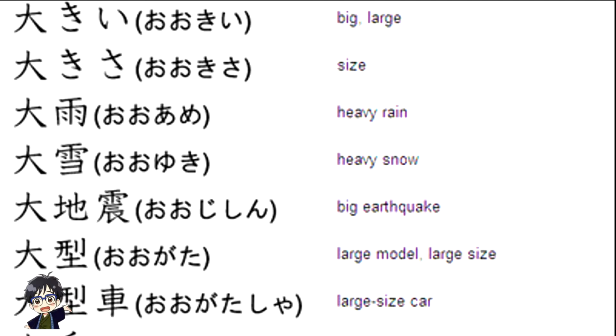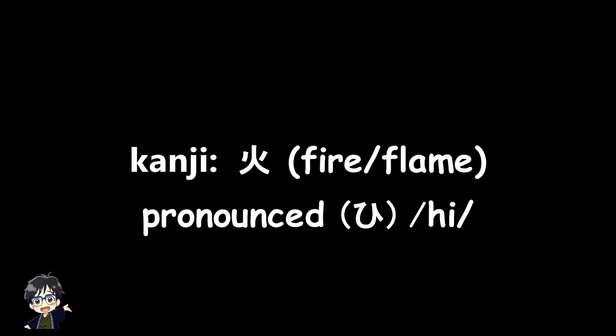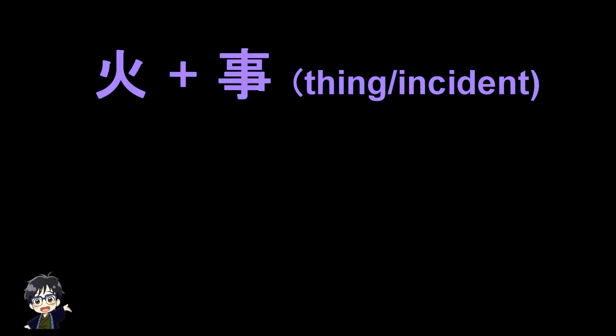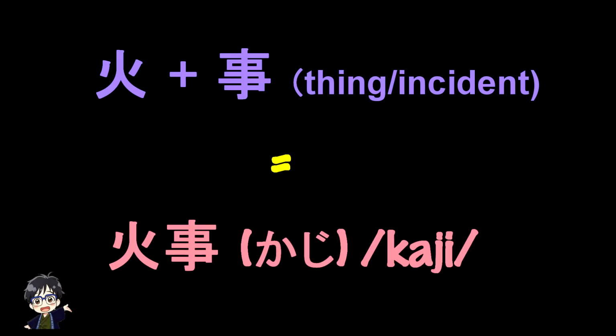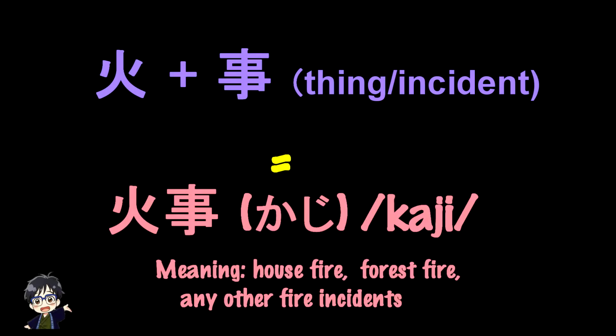Each of these kanji has multiple different pronunciations depending on what it is connected to, which is why it's difficult to learn. Let's take for example the kanji hi, which means fire or flame. It is pronounced hi, but when you combine it with the kanji that means thing, incident, or trouble, it is pronounced kaji, which carries the meaning of house fire, forest fire, or any other fire incidents.